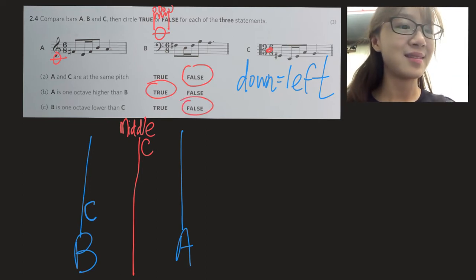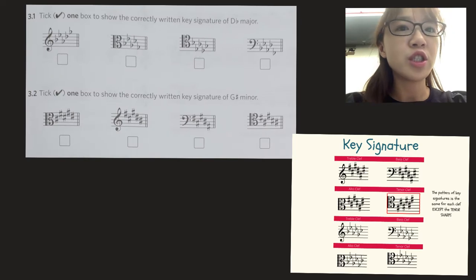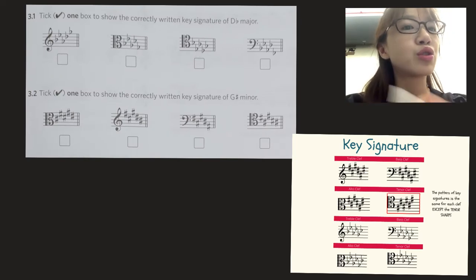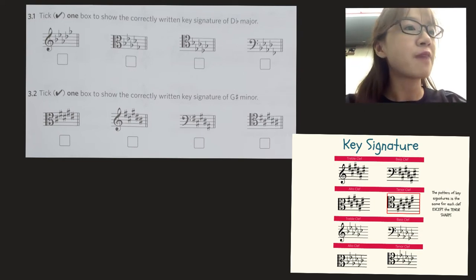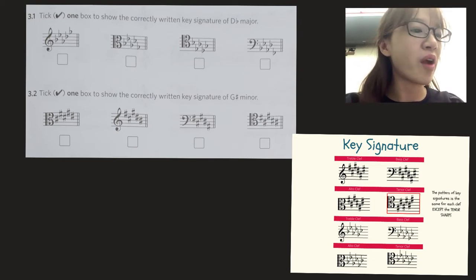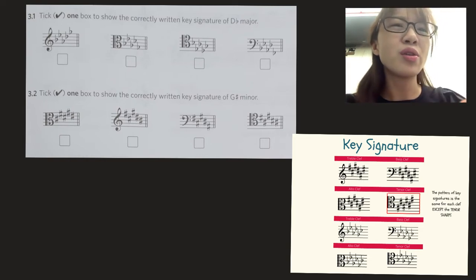And it's done. For this question, you need to know how to draw the key signature in the right position. D flat major has 5 flats. For the flats, it's very simple. Just remember, there are 3 and 3, 3, 3 for every clef, the same pattern. So at a glance, this is not correct, because it should look like this. So the first one at a glance is not correct.